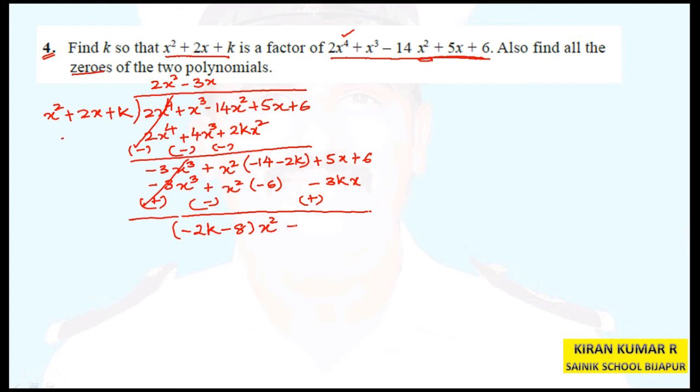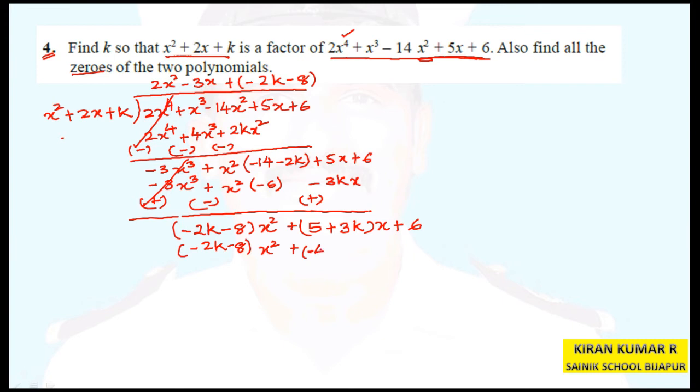Here if x is taken common, we will be having 5 plus 3k. So I will write it as positive 5 plus 3k times of x plus 6. Now the coefficient of x square to be multiplied, so I'll write minus 2k minus 8. Now if you multiply, the first term is minus 2k minus 8 times of x square.